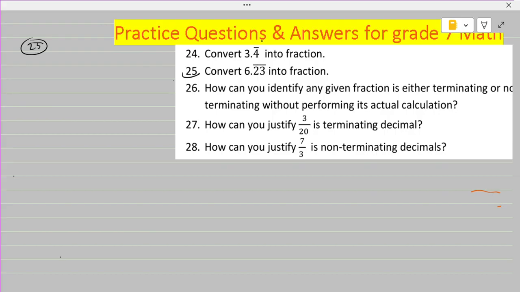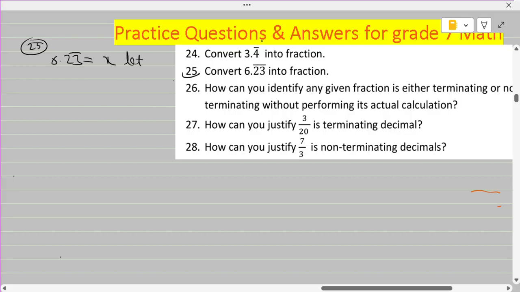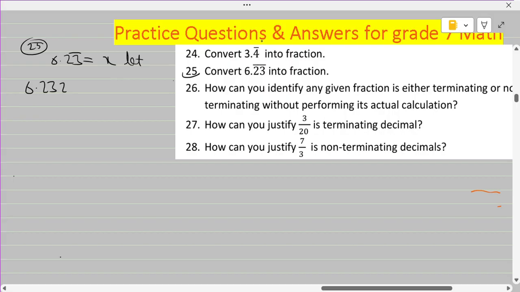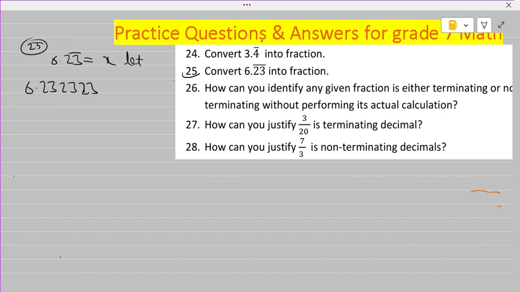Here the bar is above the 2 and 3 after the decimal, so 2 3 is repeated there. So 6.23 bar, that we suppose here x first. And now it's 6.23, with 23 getting repeated, so 23 23, like that, equal to x.